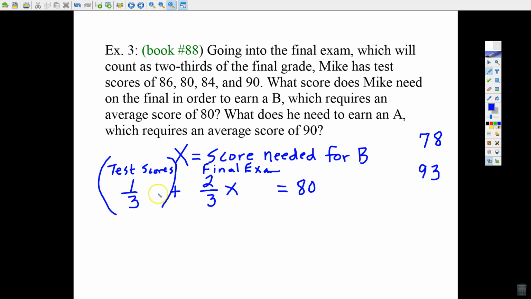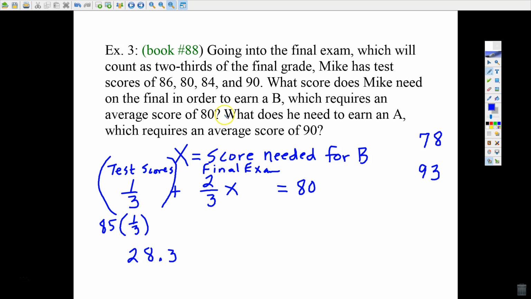Okay. Well, now, again, that's only 1/3 of his overall average, so we need to do 85, which is the average of the scores, times 1/3. And somebody give me that. 28.3.